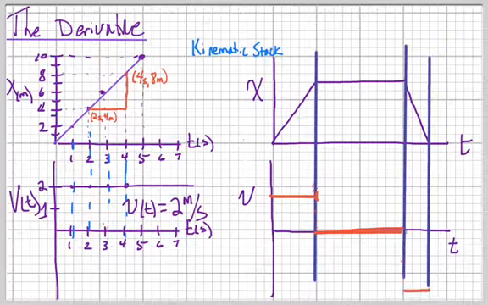So we're going to get down here further away than this is up here. And this is our kinematic stack for position and velocity. We good? Got it in there?